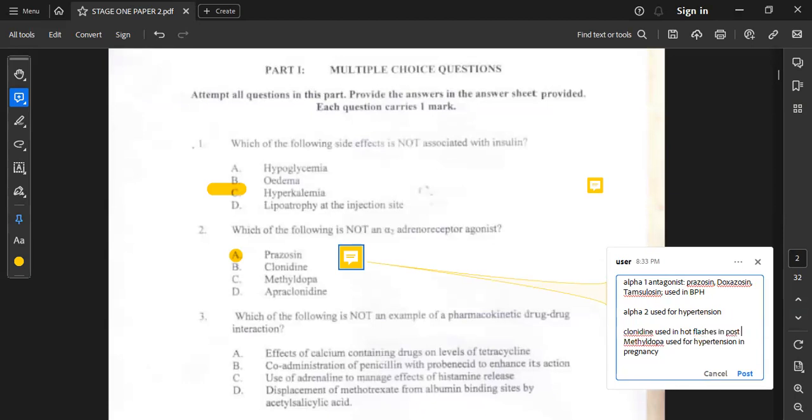And also, in addition, for BPH the specific drug is tamsulosin. It is also an alpha-1 antagonist, tamsulosin, for BPH.